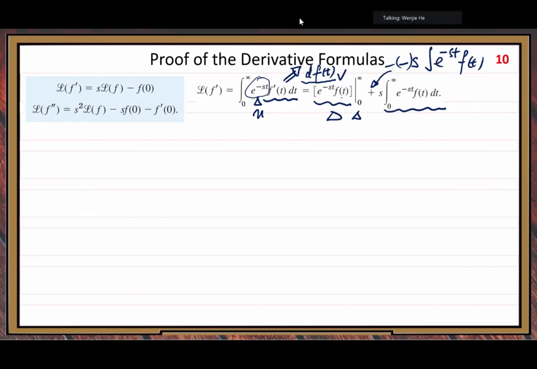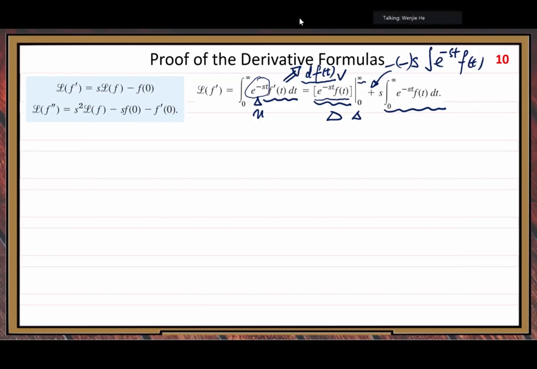Think about when t goes to infinity: how do you make the limit of this inside part 0? We expect that to be 0.